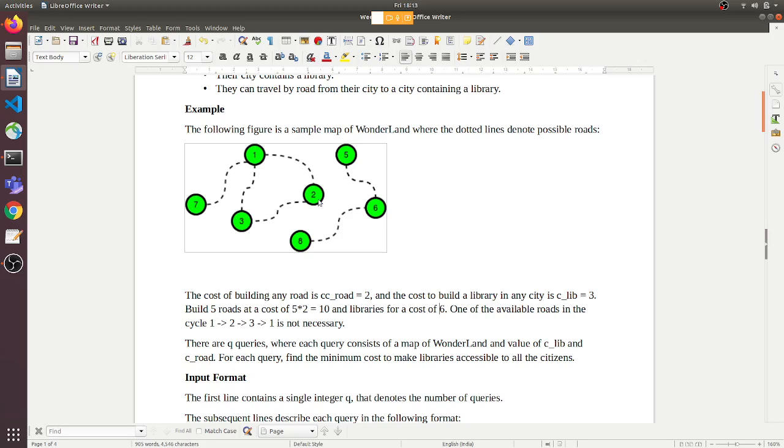So let's build all the roads on this side of the graph, which is 1 7, 1 3, 1 2 and 2 3, and on this side we will build only one road, which is 5 6.